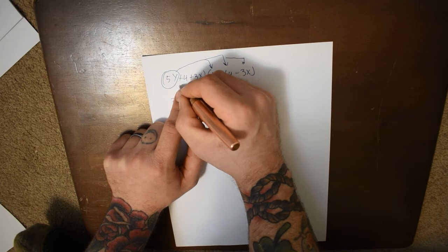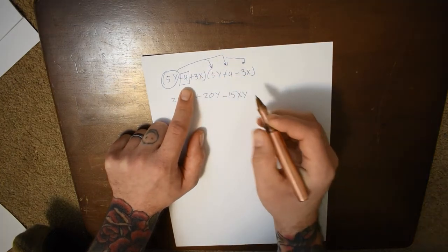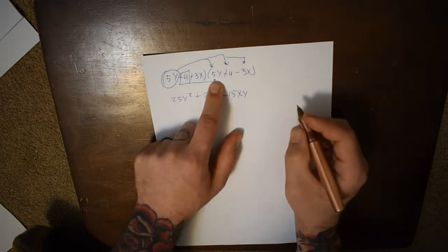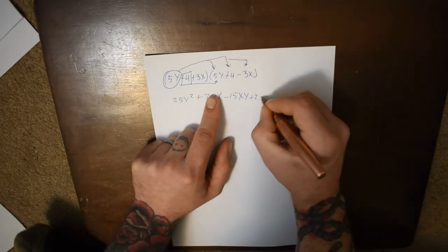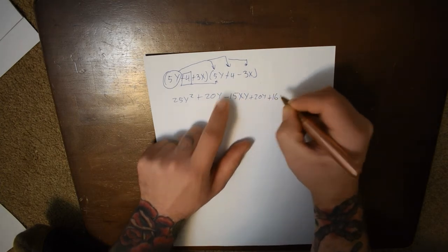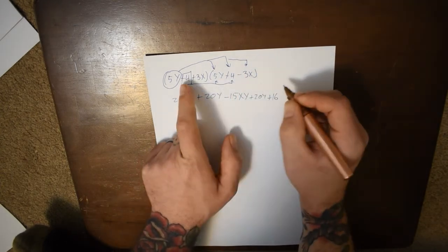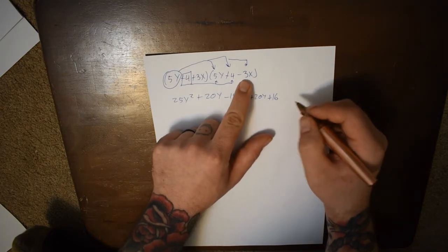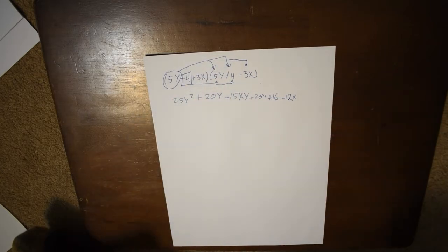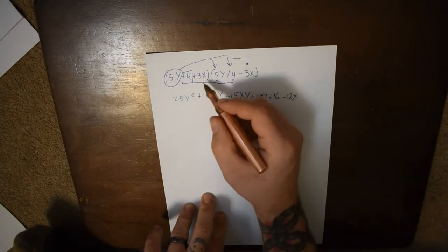Now we move on to the 4. Well, 4 is going to get multiplied by 5y to give us a plus 20y. 4 times a positive 4 is plus 16. And then 4 times a negative 3x is a negative 12x. The final step is to take the 3x.